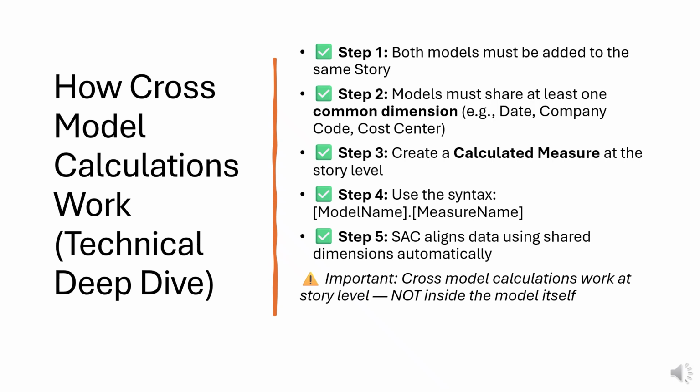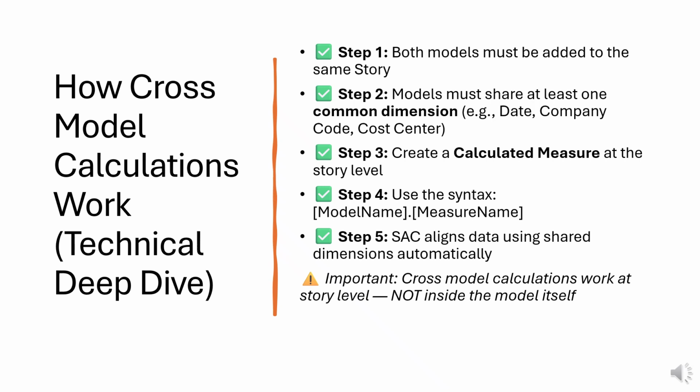Now, let's talk about how cross-model calculations actually work. First, both models need to be added to the same SAC story. Then, this is critical: the models must share at least one common dimension. This could be a date dimension, a company code, a cost center, or any dimension that exists in both models.